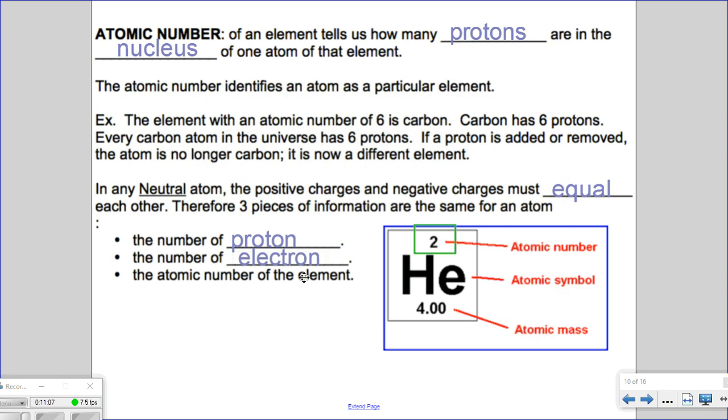Remember, electrons are negatively charged, protons are positively charged. If we are dealing with a neutral atom with no overall charge, the positive charges must equal the negative charges. So the number of protons must equal the number of electrons. So the atomic number of an element will tell us the number of protons in the nucleus and the number of electrons in a neutral atom.